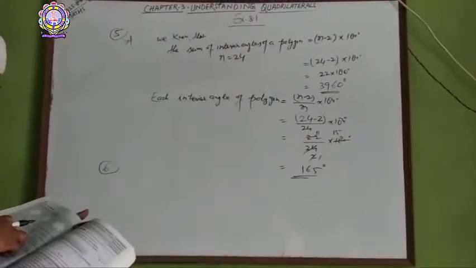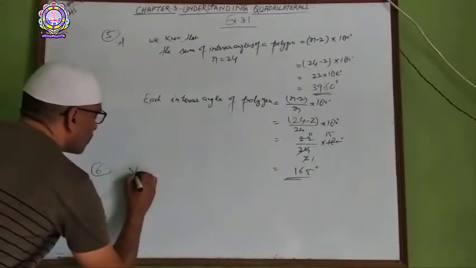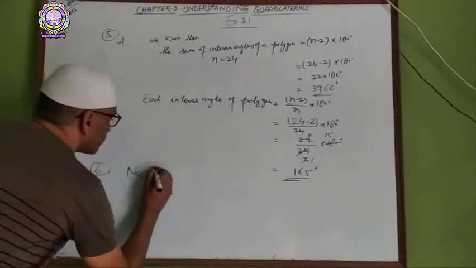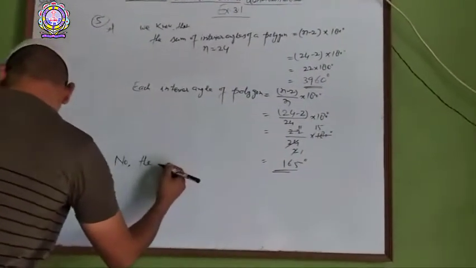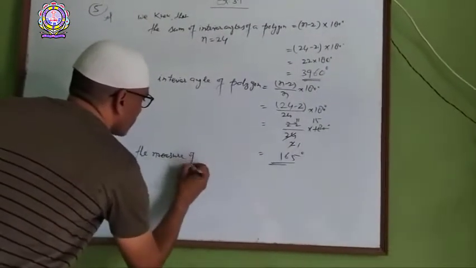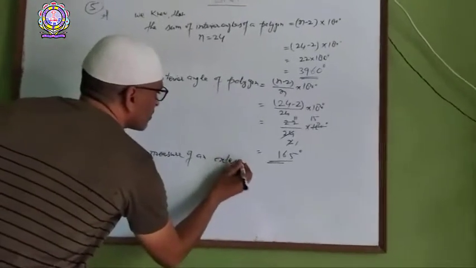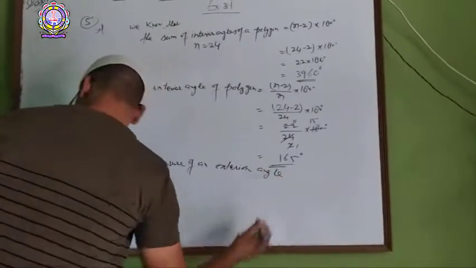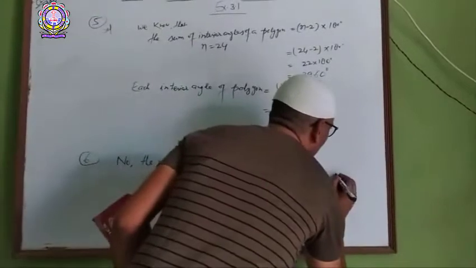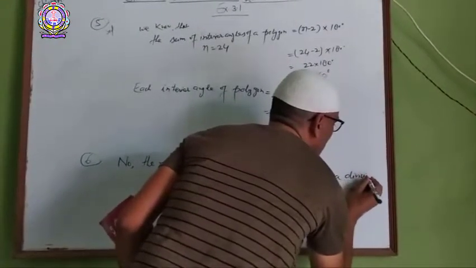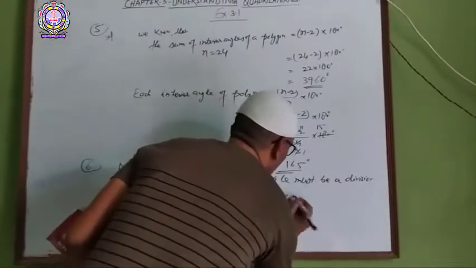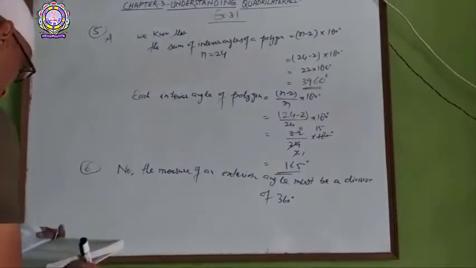You can write this as no. The measure of an exterior angle must be a divisor of 360 degrees. Okay, now you can understand this.